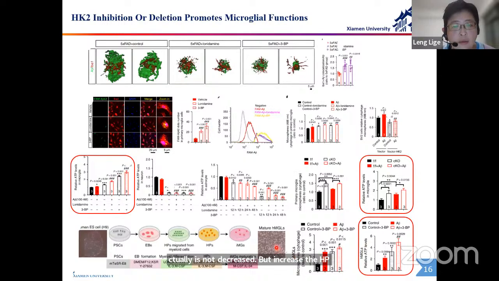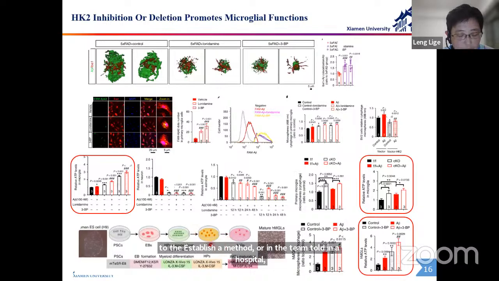To further confirm the potential of this finding, we differentiated the human ESC into mature microglia cells according to established methods in Beijing Tongren Hospital, and treated them with 3BP.